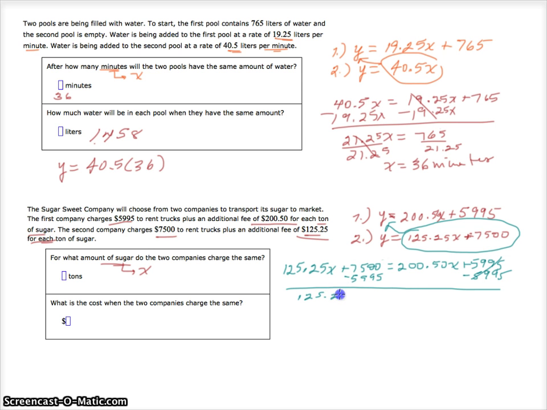So I'll have 125.25x plus 1,505 equals 200.50x. And now I want to cancel my x value, so I'm going to subtract 125.25x.